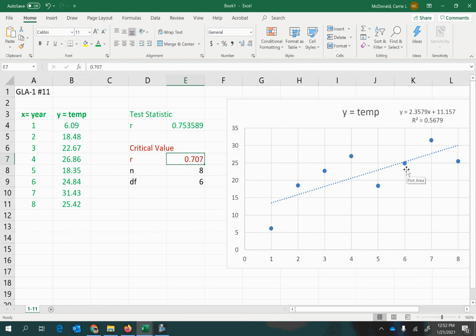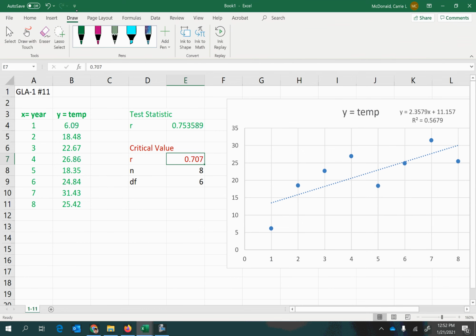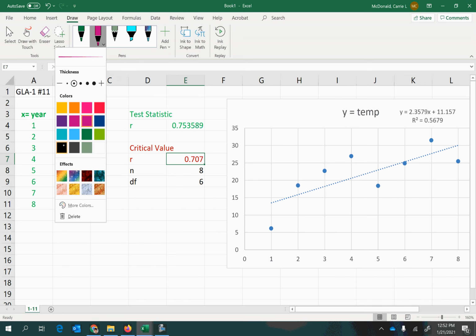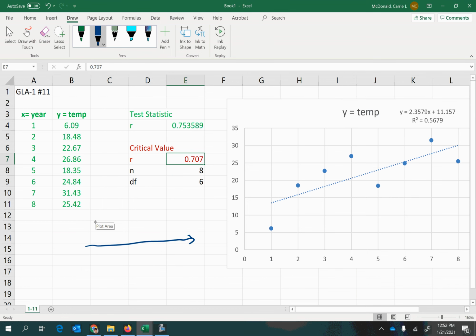Now, another way you can look at this is by drawing a number line to represent the R axis. So I'm going to just draw, please excuse my handwriting, I'm writing at a weird angle on a slippery screen, so it's not beautiful, but this represents our correlation.